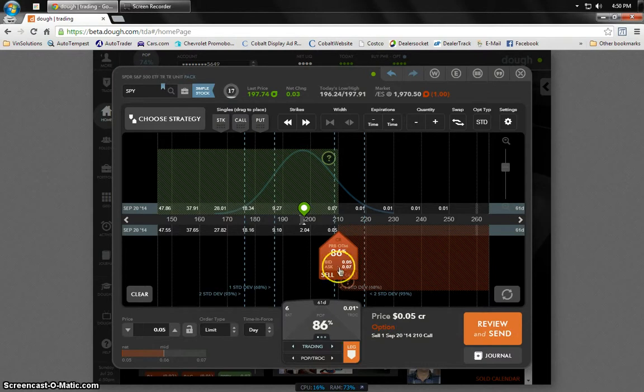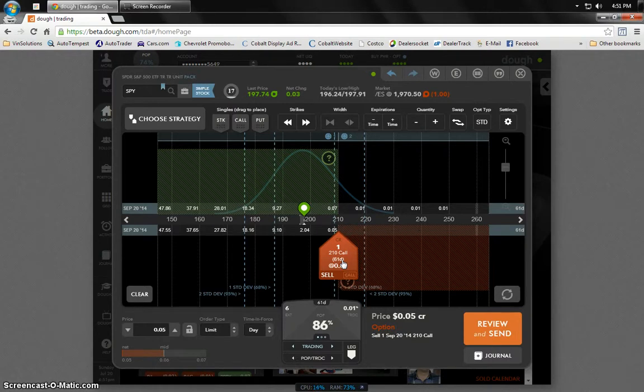So in this case, you're betting someone that the stock market will go down, and the person you're making that bet with is betting that it'll be higher than $210 at the end of 61 days. So basically that's the definition of selling a call or being bearish.